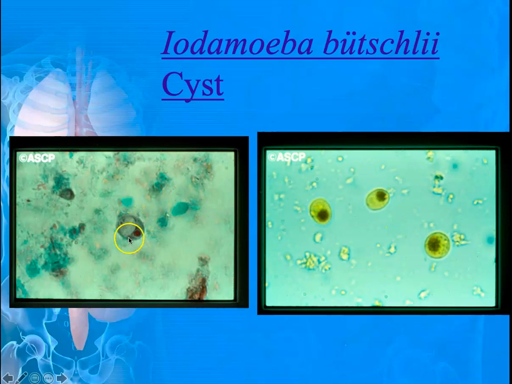So here again, in a trichrome stained smear, one large nucleus, glycogen vacuole. This is what it would look like with iodine, and this is the glycogen vacuole staining dark brown with iodine. That is very characteristic. You would know right away this is Iodamoeba.